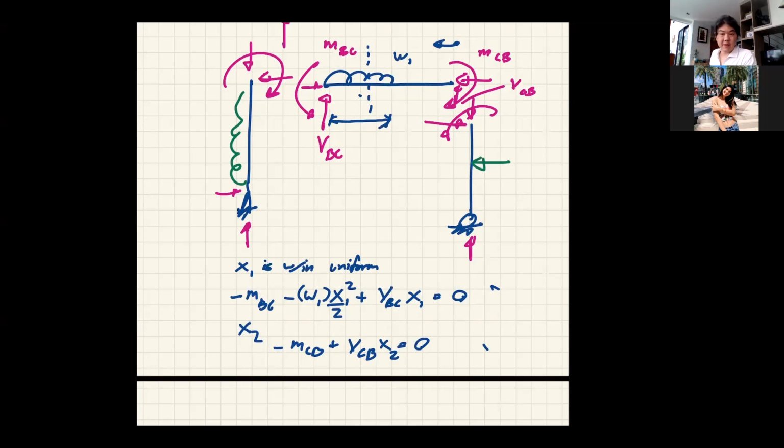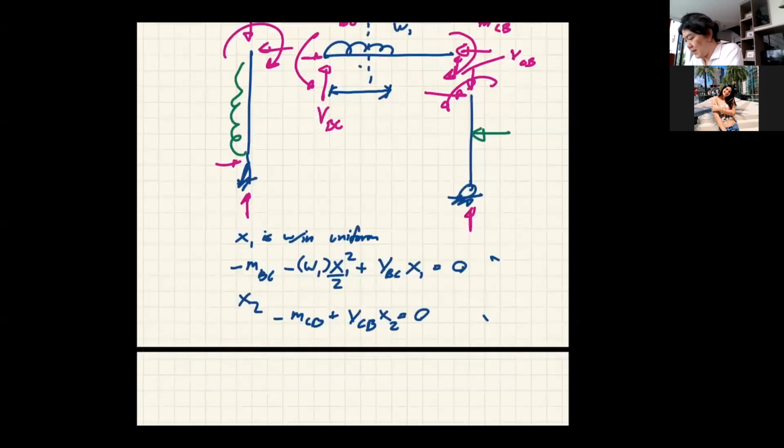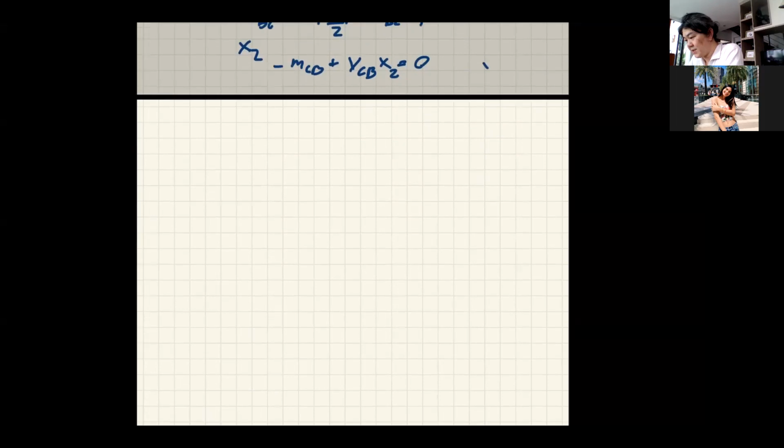I took this from the mechanics of materials class. It's from the Singer textbook. I love it a lot. Okay, so it goes like this. This is a concept. So that is this beam. You guys see this, right? Like this.